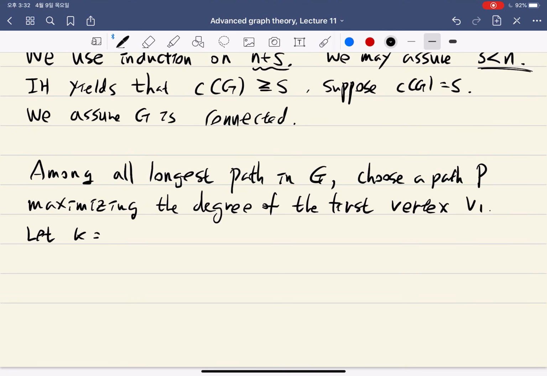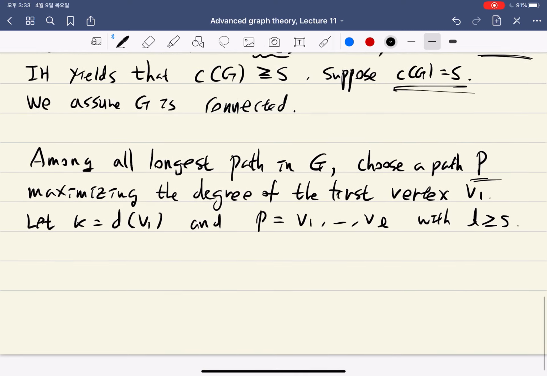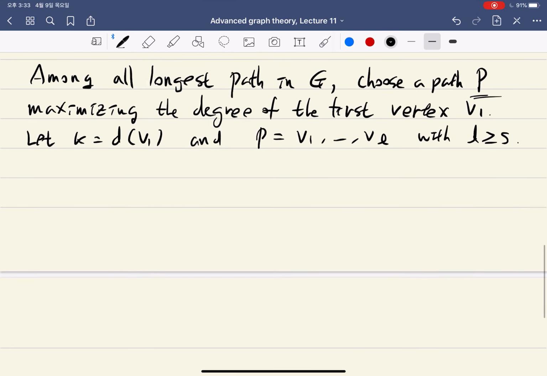And let k be the degree of this vertex p1, and P be p1 to pL, where L is at least s. Because we assume the circumference is s, we know that there exists a path with length s. As P is chosen among the longest paths, it has length at least s. So let's say this is P.